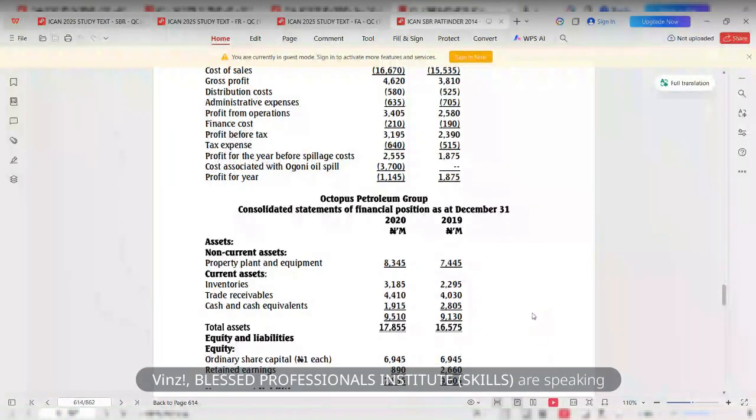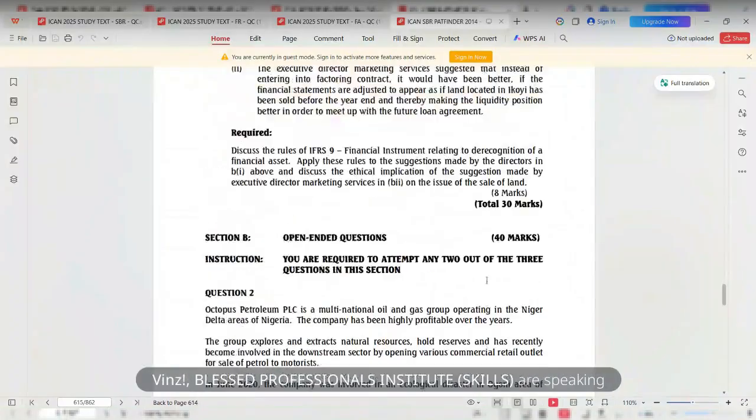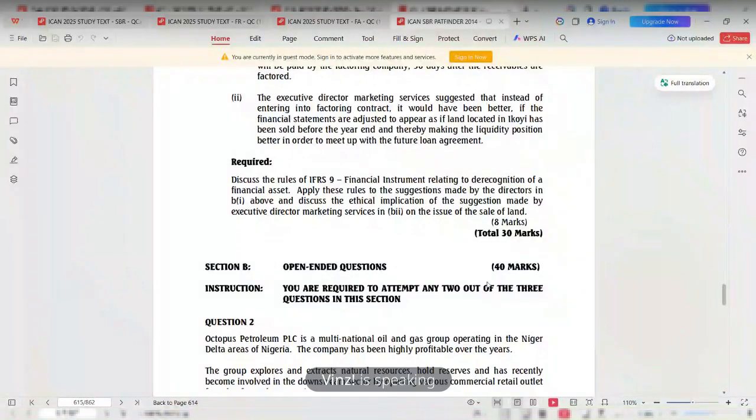What is the other thing they asked us to calculate? They said we should calculate the acid test ratio. What is the formula for acid test ratio?